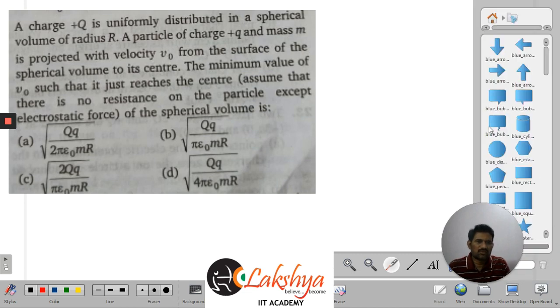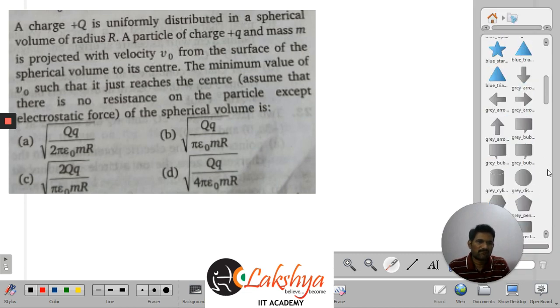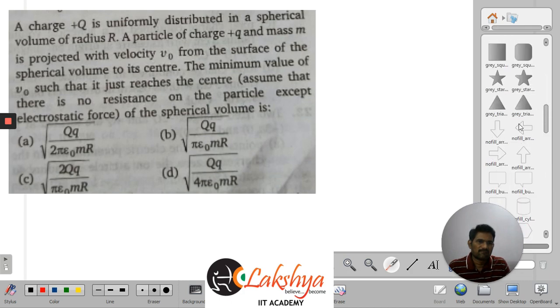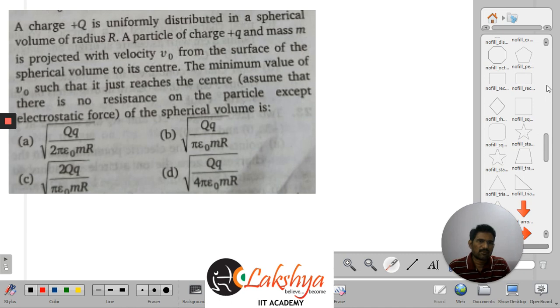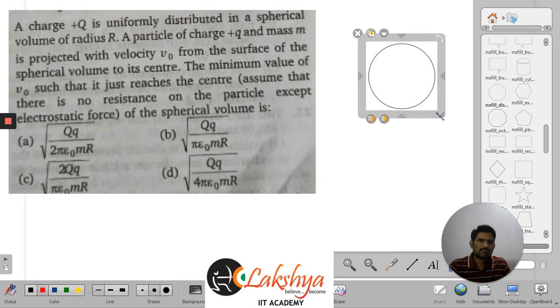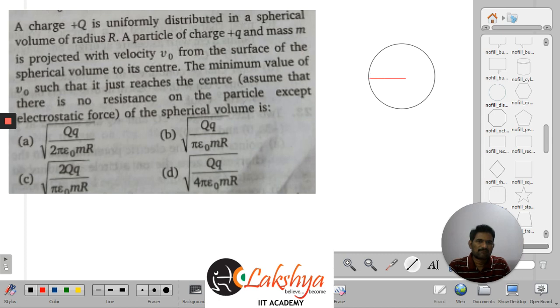So I will draw this sphere. We are projecting this particle from the surface to the center, right?